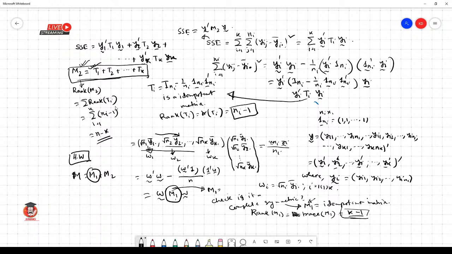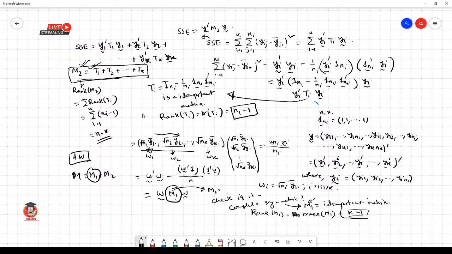We already see that the rank of Ti is ni minus 1, hence the rank of M2 is n minus k. You can also find the rank of M2 directly. If you find the simplified form of M2, then you see that M2 is an idempotent matrix, and the rank of M2 is the trace of M2, and it is n minus k.